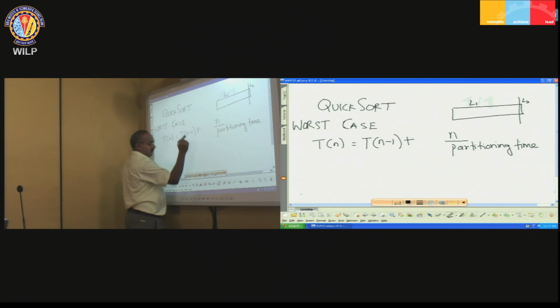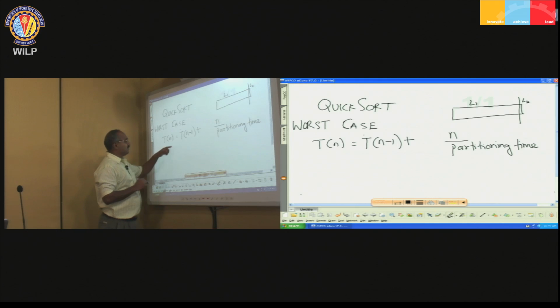Right. This is because in the worst case you get a very skewed partition, that means one part has only one element and the other part has all the other n minus 1 elements, and this keeps on happening at all intermediate steps.